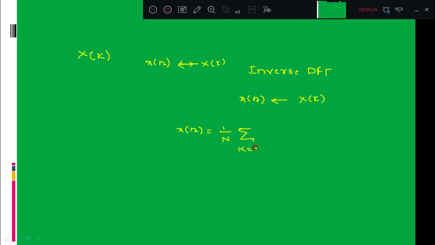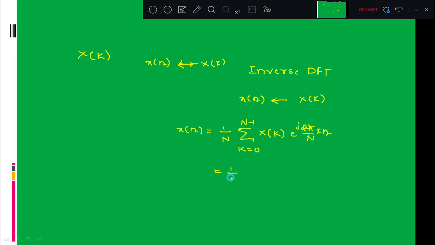Instead of n, I am considering here k equal to 0 to N minus 1, and input is X of k, that is the DFT sequence, which consists of the discrete frequency values. And here it is e raised to, instead of minus j, now plus j omega, that is 2 pi divided by N, k into n, right?